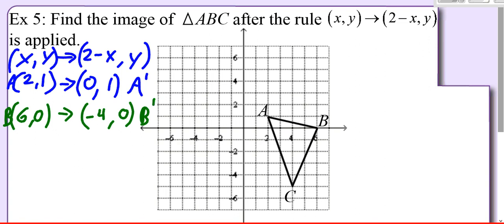And then last, we'll take C, which is 4, negative 5. So x is 4, so 2 minus 4 is negative 2. And then y stays the same, that's negative 5. That'd be C prime.